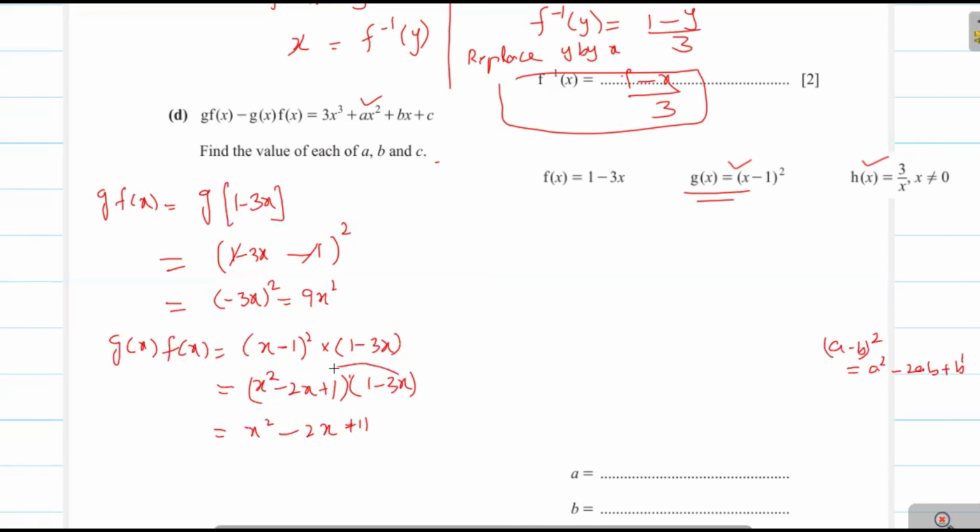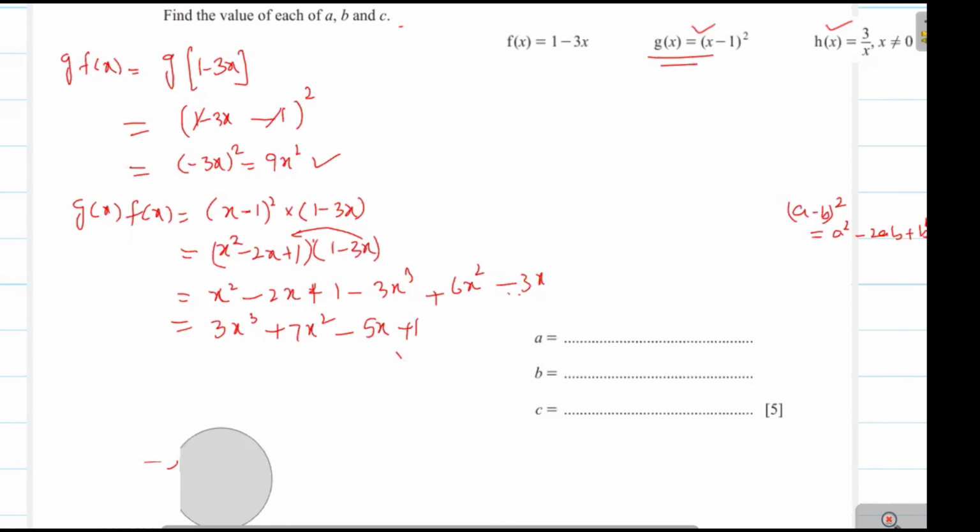Multiply by 1 minus 3x. Now we can write this x square minus 2x plus 1, we multiply by 1 this whole expression. Next we multiply by minus 3x all values. Now you see here this will be equal to minus 3x cube plus 6x square minus x square plus 6x... minus 3x cube plus 7x square minus 5x plus 1.